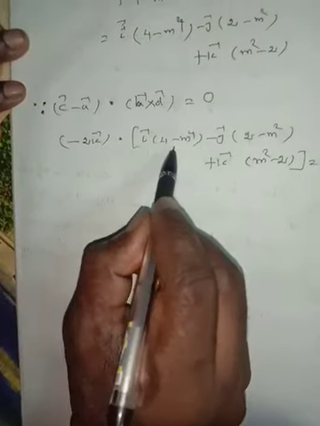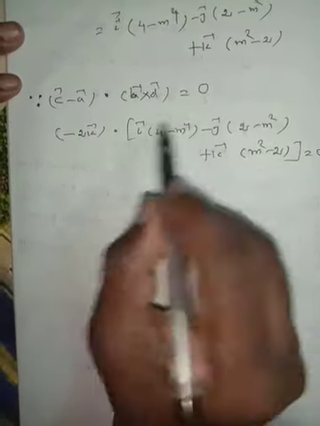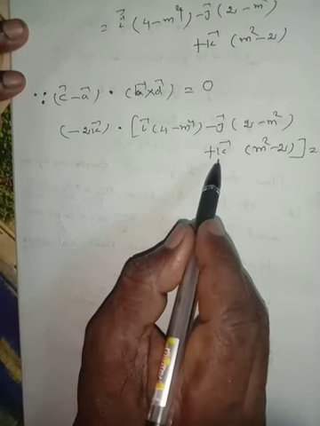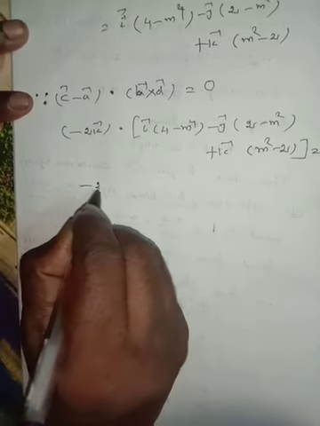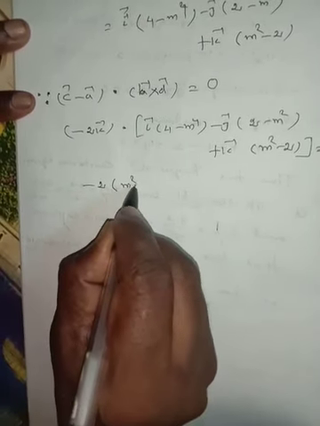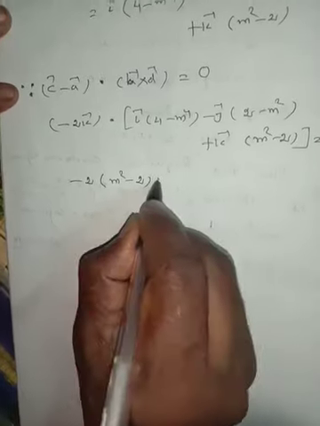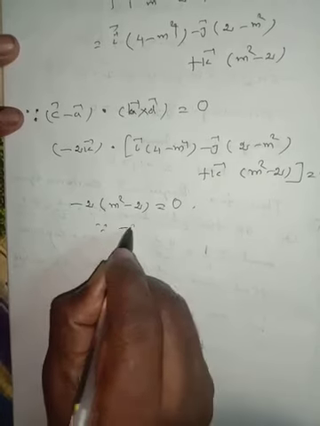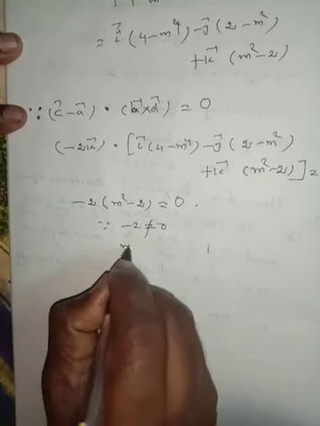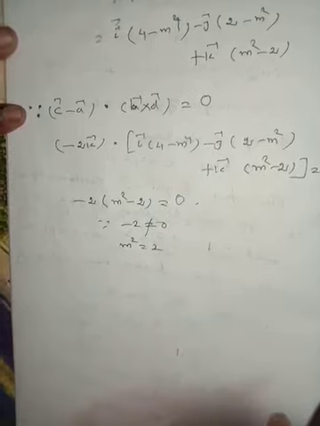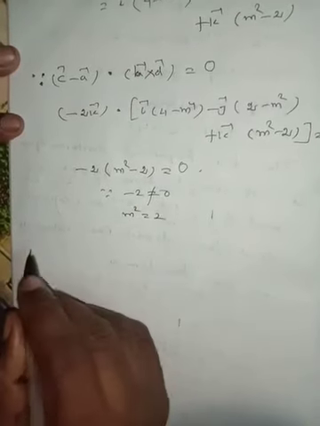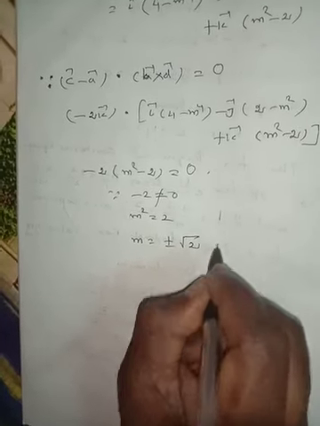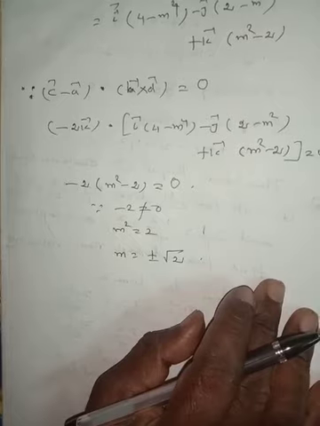Now k vector dot k vector is 1, therefore minus 2 into (m square minus 2) is 0. Since minus 2 is not equal to 0, m square minus 2 is equal to 0, so m square is equal to 2. m is equal to plus or minus root 2.